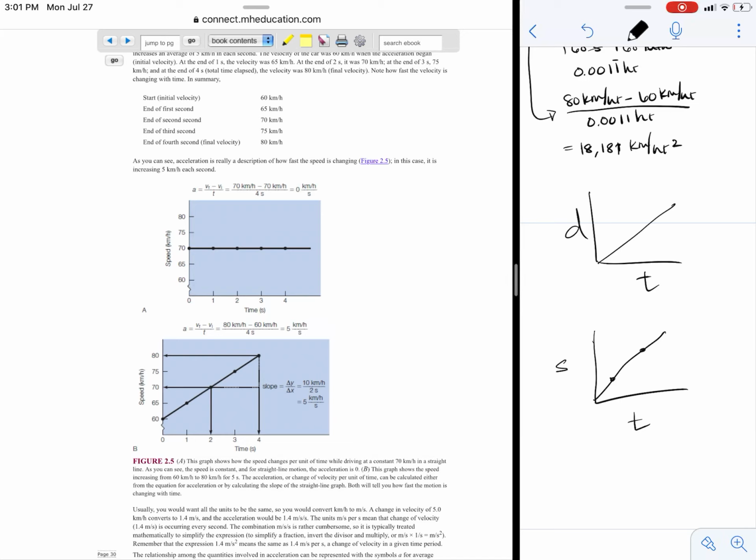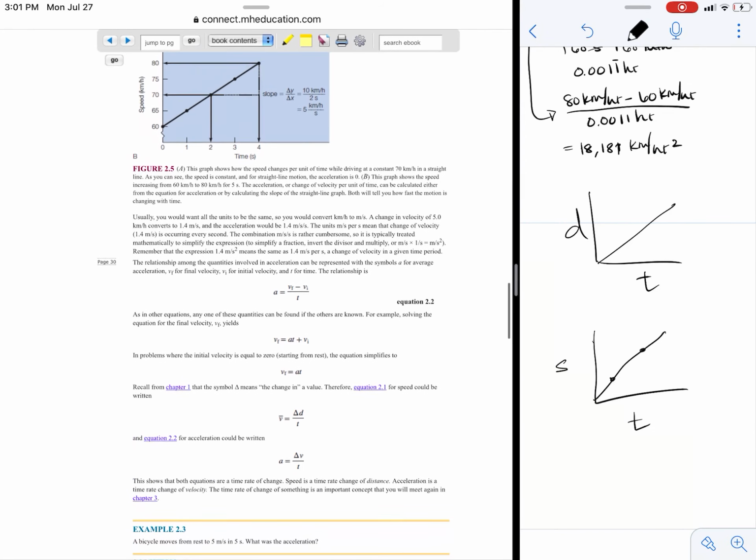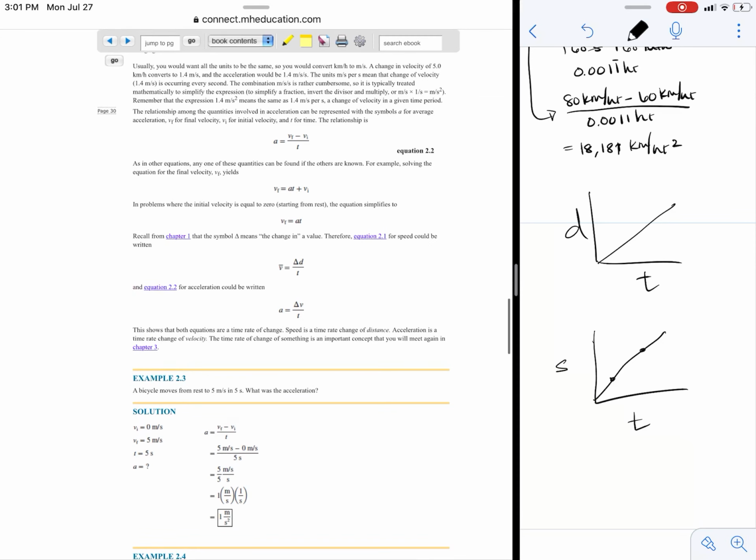So whenever we do our acceleration equation, we're basically finding slope. If you feel like you don't know why you're ever doing slope in algebra, it really is used to find other things, like speed and acceleration. There is an application to it.